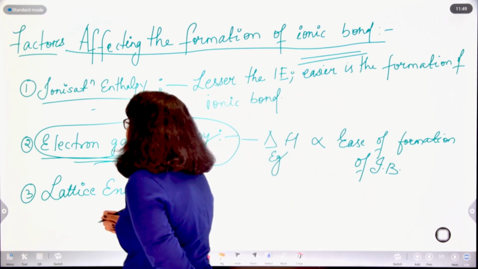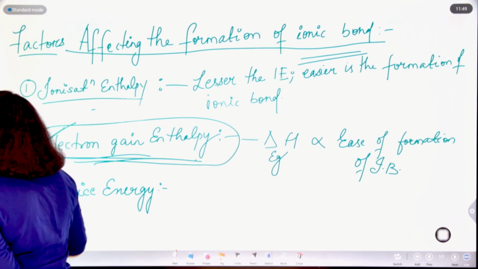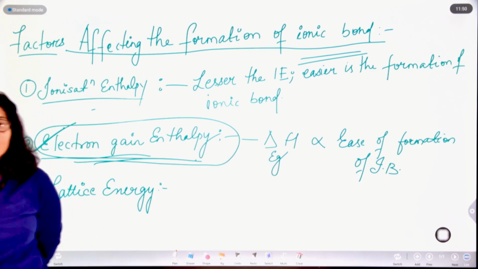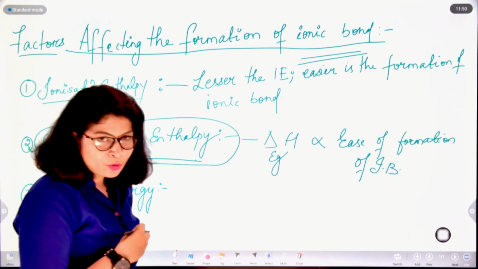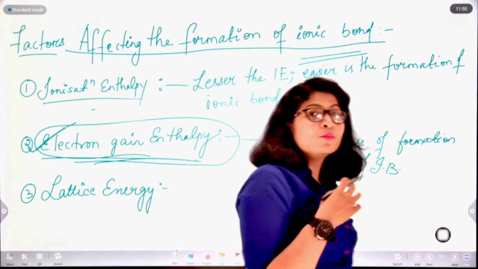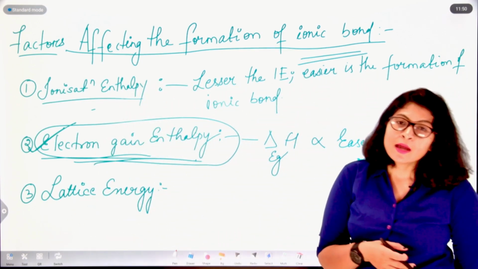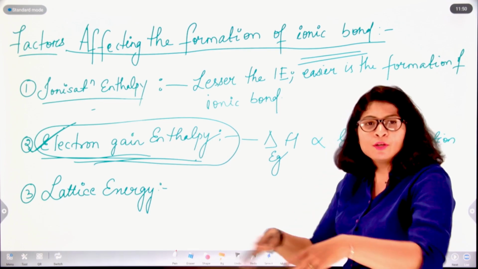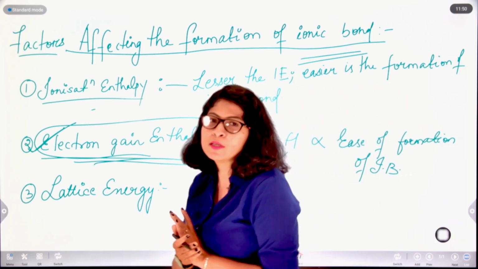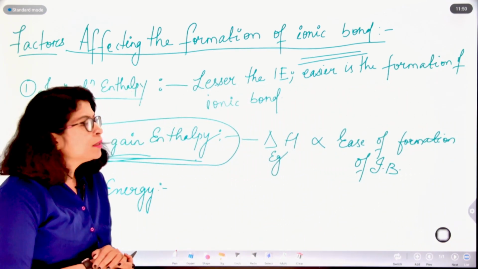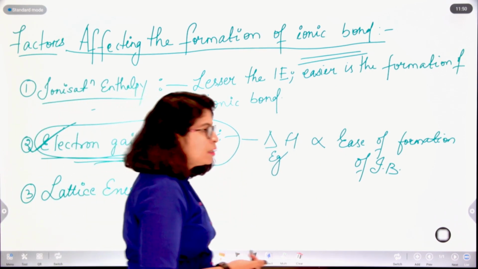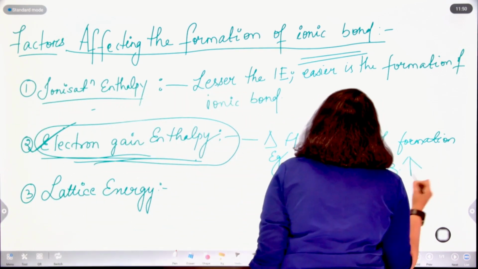So if the value of electron gain enthalpy is more negative, then the ionic bond formed is very easy. Delta H is directly proportional to ease of formation of ionic bond. When the atom takes up an electron to become an anion, it gives more energy in the process, and if the energy lost from the atom is more, the atom becomes more and more stable. Therefore, the ease of formation of ionic bond will also be high.